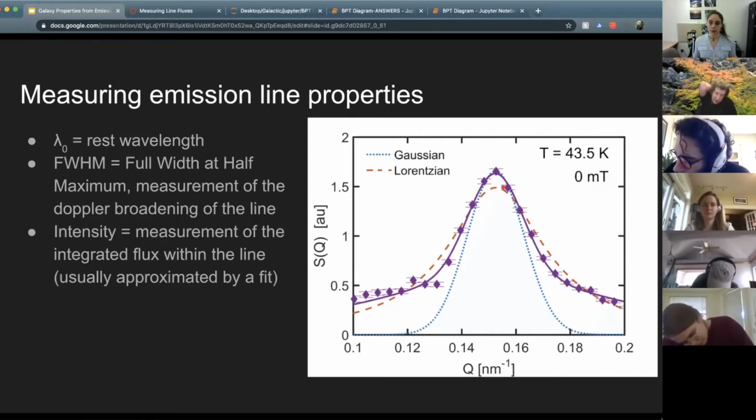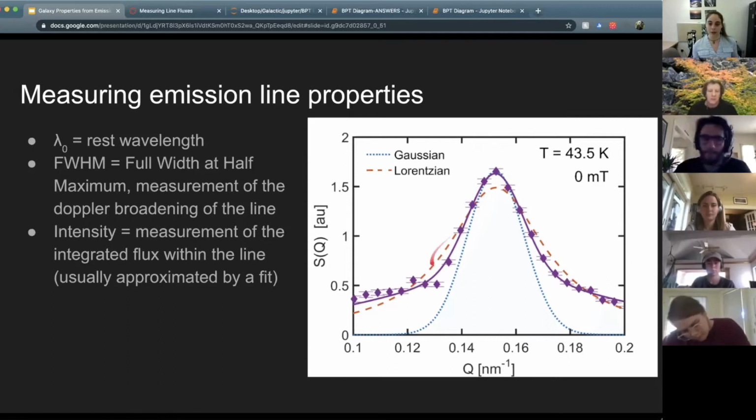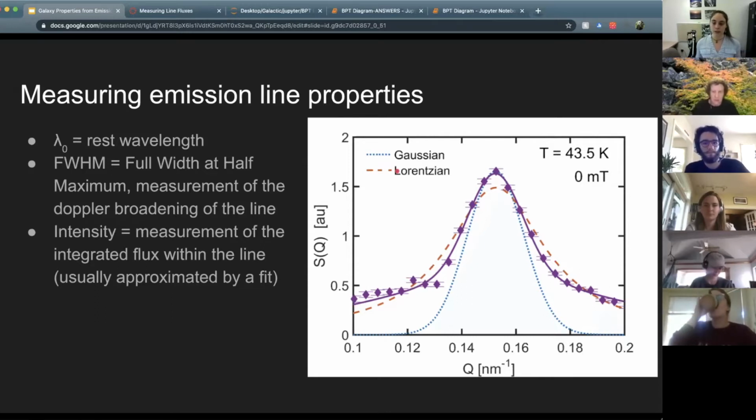We're not going to worry about the Lorentzian wings. We're going to instead just focus on the Gaussian part of the emission line, which is a fairly good approximation, especially since the wings of your emission line are often going to be the messiest parts because they're the lowest flux. So the noise will be more of a factor, because the signal is lower.